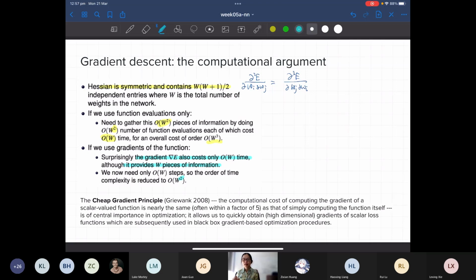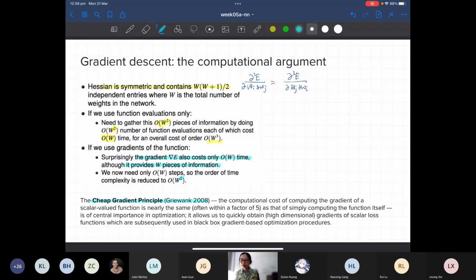So this statement highlighted in blue comes from what's popularly known as the cheap gradient principle. What it says, due to Griewank, I believe he's German, he's recently retired, I think, but still maintains an active page about computing gradients, which is interesting.